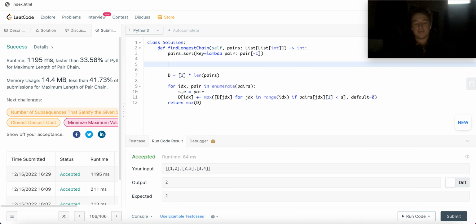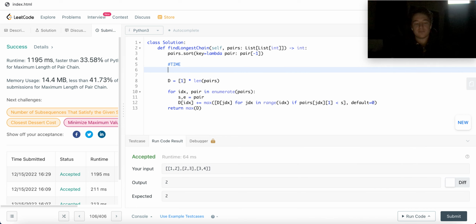The runtime is, so we have time and we have space, right? The time complexity is, well, we have to sort the whole system. So if we say n equals the length of pairs, sorting is going to take n log n time. And then we have to look at each pair of nodes. That takes n time.